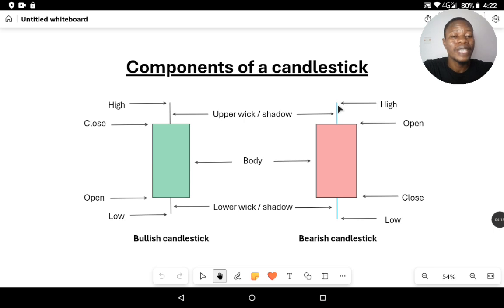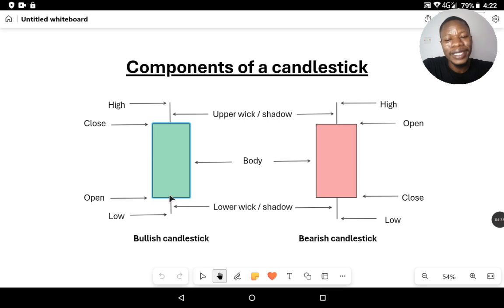So those are the four components we have for the two candles: the high, the low, the open, and the close. But for the bullish candle, you can see that the open is always at the low. The reason is because let's assume the first price recorded when this candle started forming was $2.